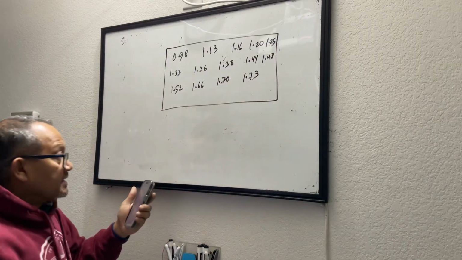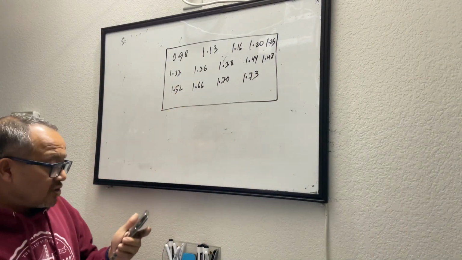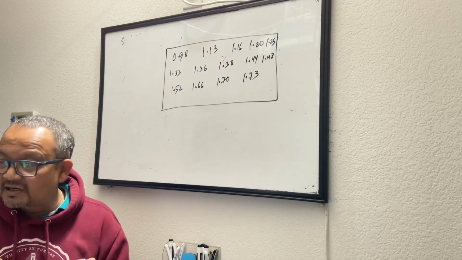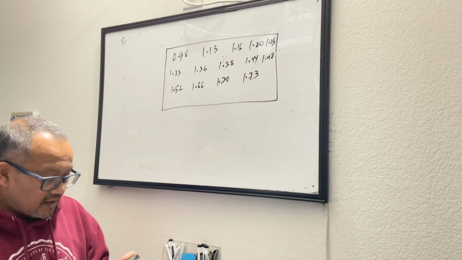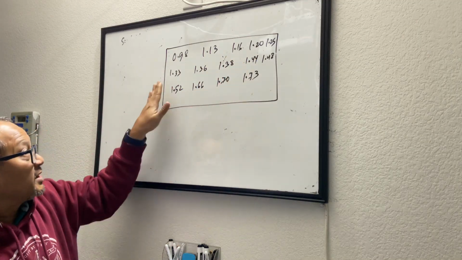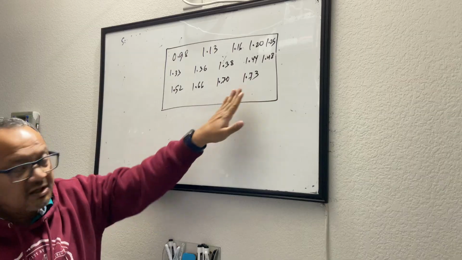Okay. Whatever you see here on the board, these are birth weights of piglets in kilograms. So 0.98, 1.13, 1.16, 1.20, 1.25, 1.33, 1.36, 1.38, until 1.73.